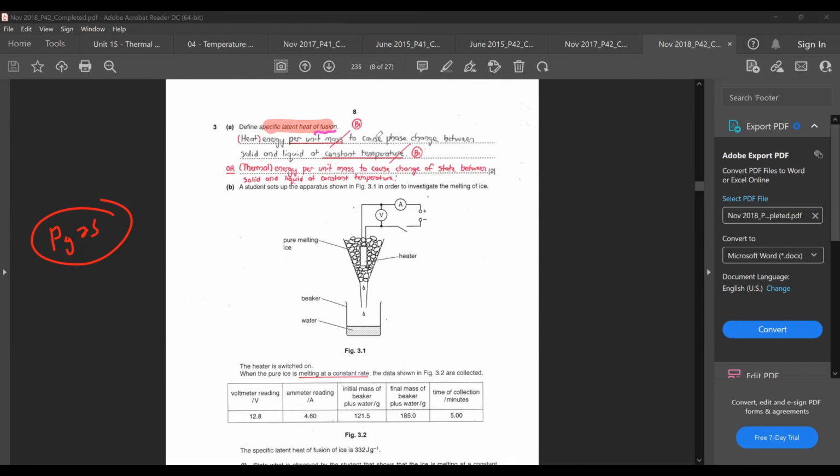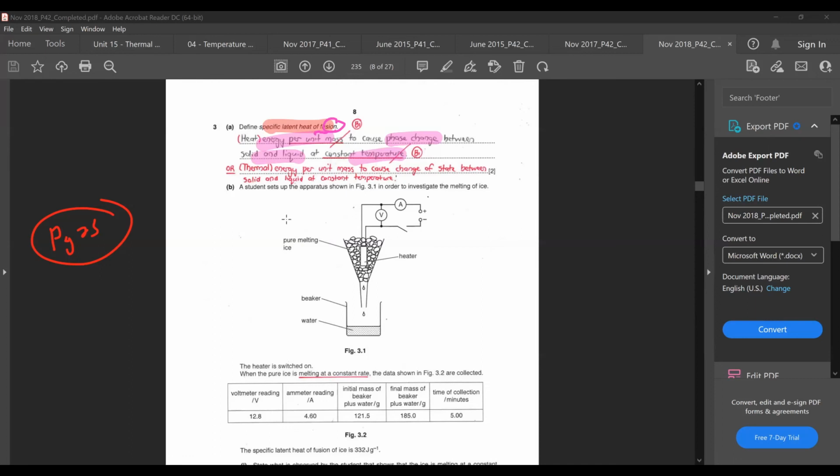In your case, you would just say this: heat energy per unit mass to cause phase change between solid and liquid at constant temperature. This is what fusion actually means. You need to be specific in terms of your phase changes. All right, so just be careful of that.